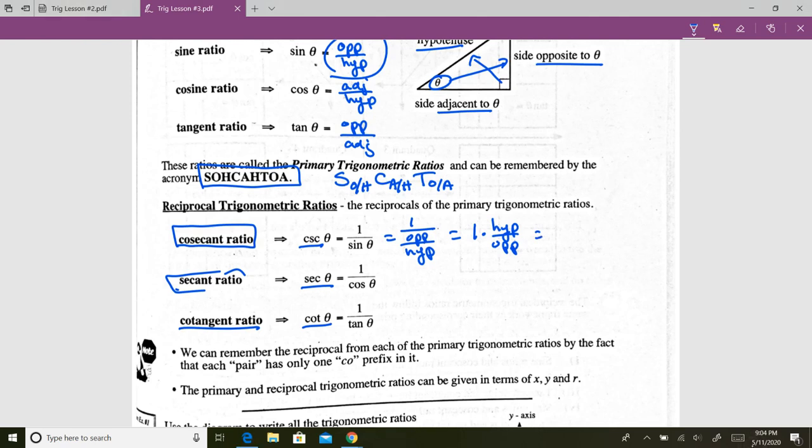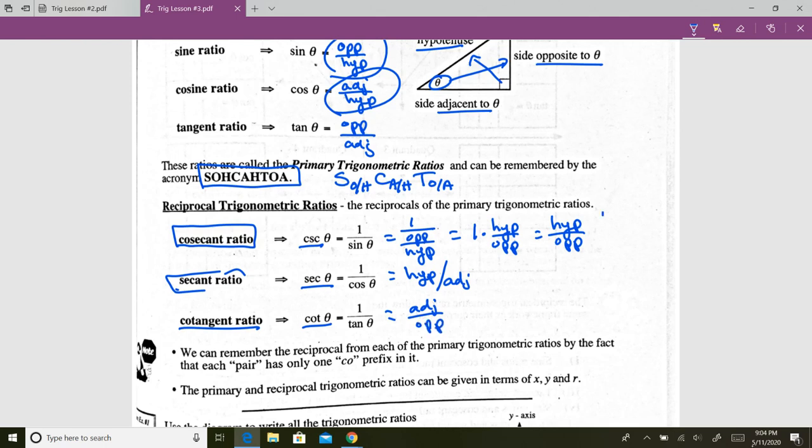So the cosecant ratio is the hypotenuse over the opposite. The secant ratio, which is 1 over cosine, the shortcut is just flip that. So it's going to be the hypotenuse over the adjacent, and the cotan will be the adjacent over the opposite.